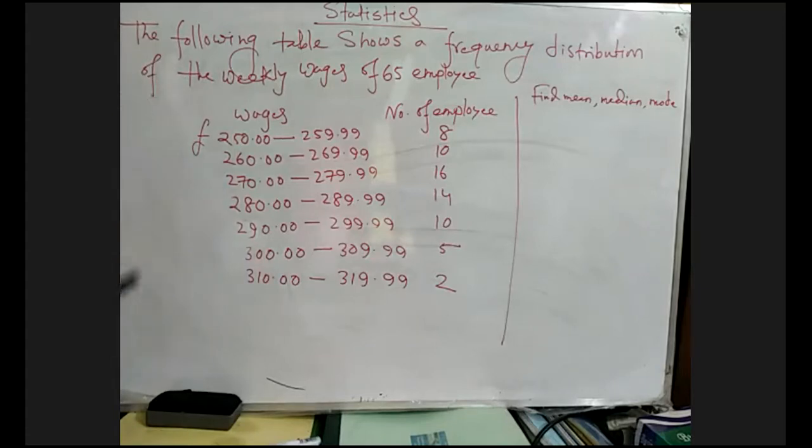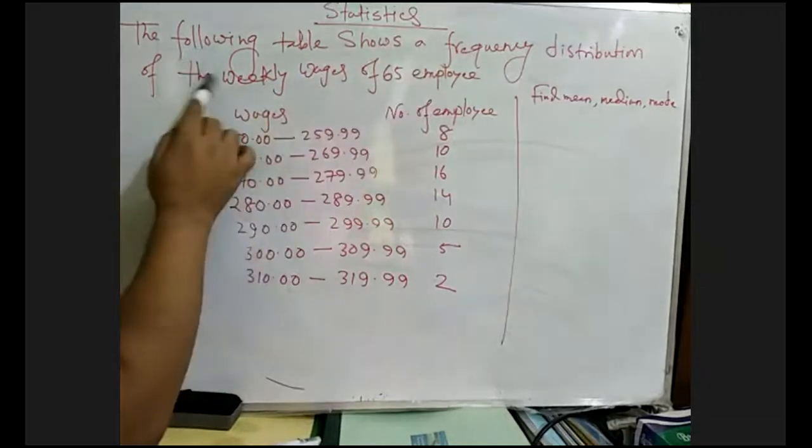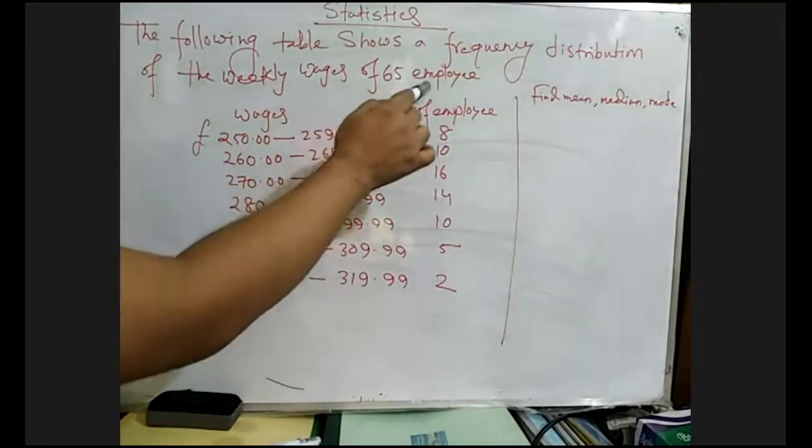So this is the example we are talking about. The following table shows a frequency distribution of the weekly wages of 65 employees.